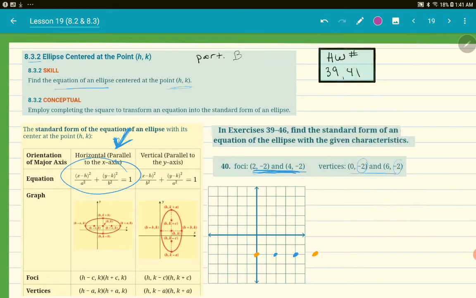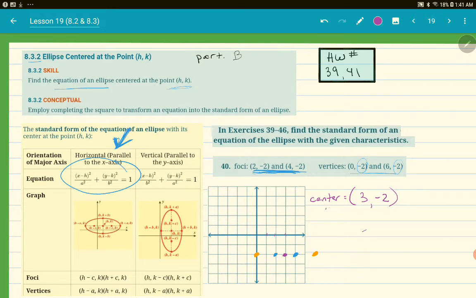So my center is going to be halfway between the foci. So I can see that my center is going to be at (3, -2). Oh, sorry, not C, center.